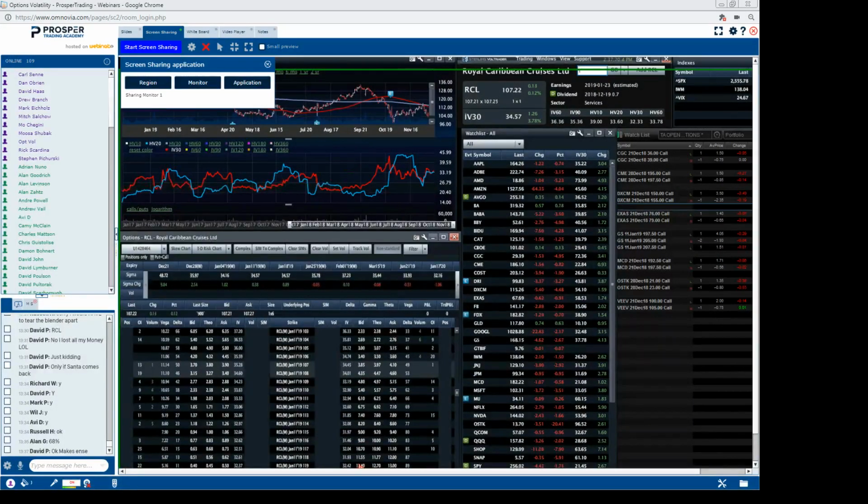Again, 68% probability, 67% probability. Let's say we wanted to sell some premium in there because we thought that this stock would trade in that range, stay in that range till January 11th, or at least be somewhere in that range at expiration on January 11th, top to bottom.